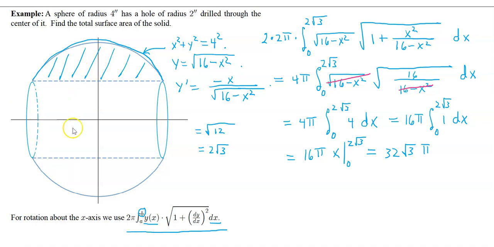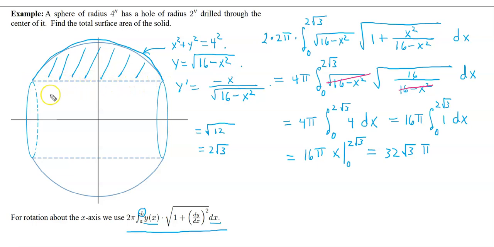So you notice when we rotate this region around the x-axis, we generate the solid as I have pictured here. So now we need to find the surface area of the cylinder here that's inside the sphere.